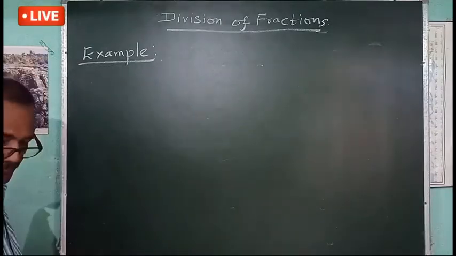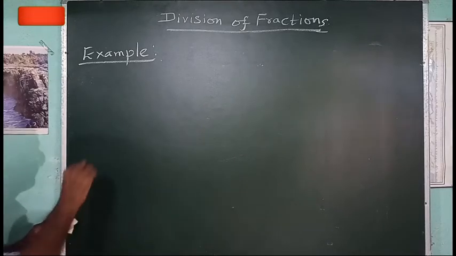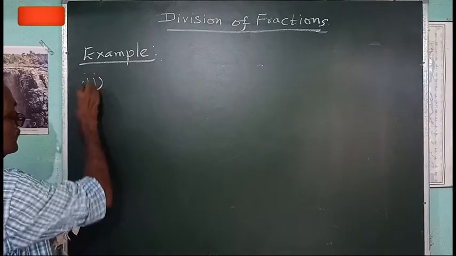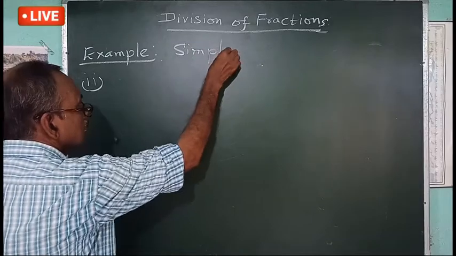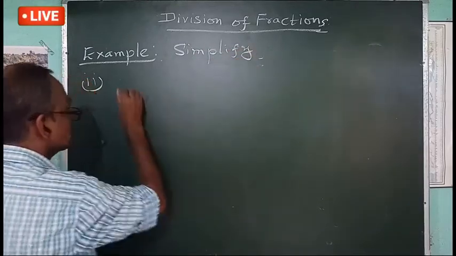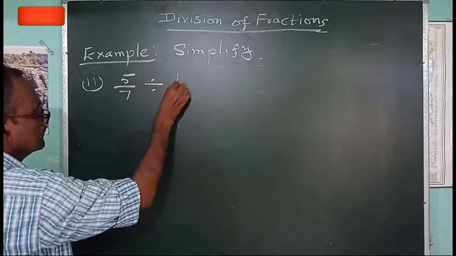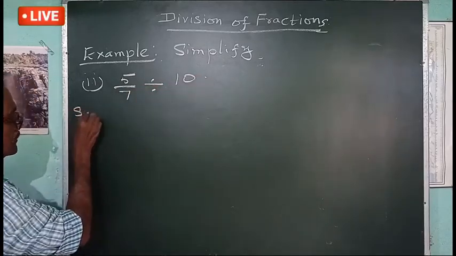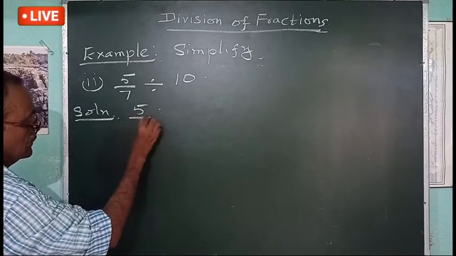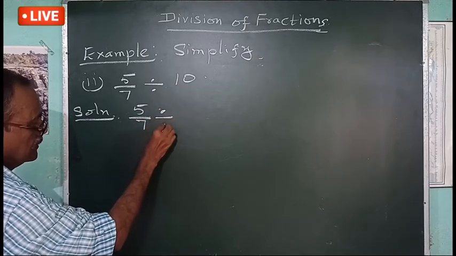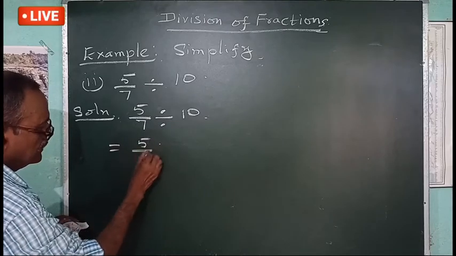Another example is 5 by 7 divided by 10. So come to the solution. 5 by 7 divided by 10, which is equal to 5 by 7.